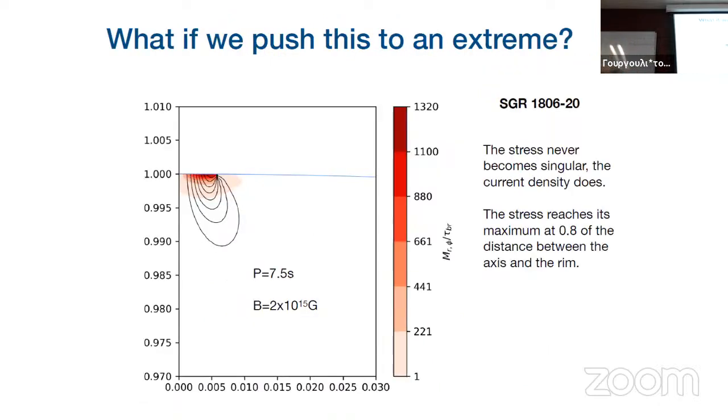Now, if we are to push this idea to an extreme, okay, let's go to the most strongly magnetized neutron star that we know of, assume that it is a dipole and so on, and then try to see what's the structure of the current. Now, what you actually see here is that it only goes down by about 100 meters.